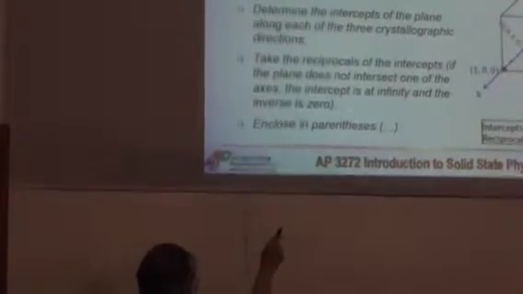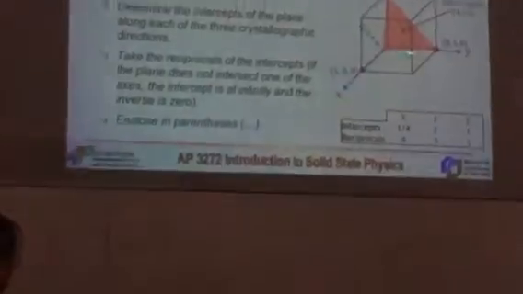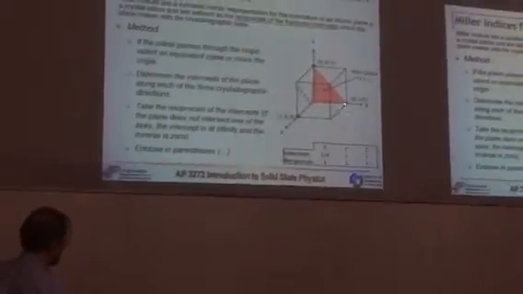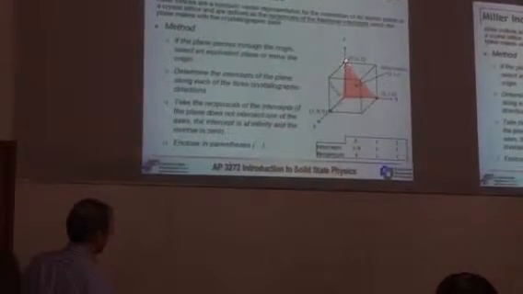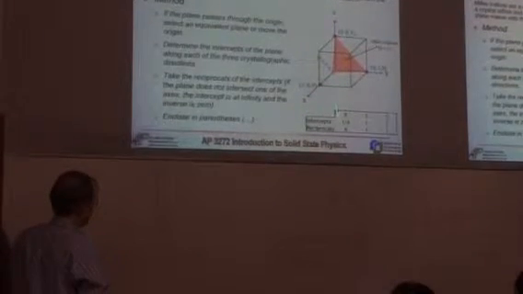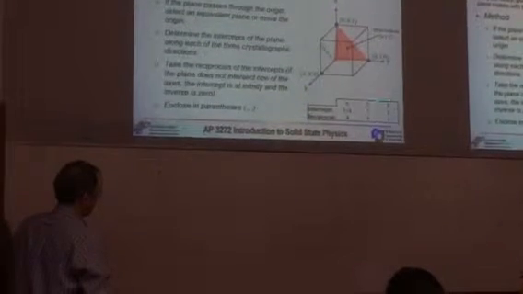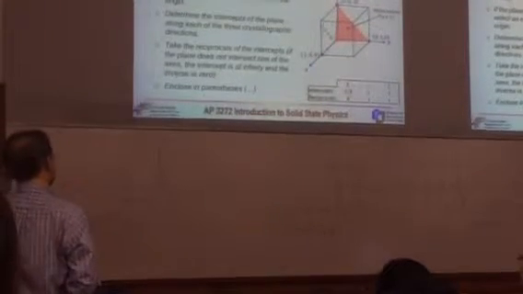So we have to intercept at 1/4 in x, intercept y at 1, and intercept z at 1. So that gives you the 4, 1, 1 plane. So 1/4, 1, 1, take the reciprocal is 4, 1, 1. So that's your plane.